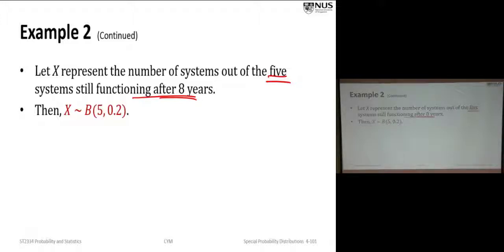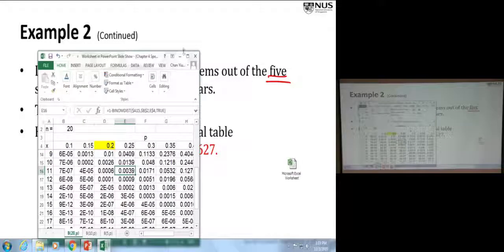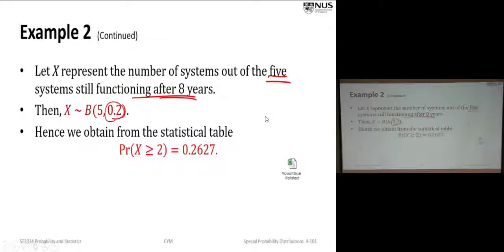A system either lasts more than 8 years or less than 8 years, so it's a failure or success. The probability of lasting more than 8 years is 0.2. We are asked to find the probability X greater or equal to 2, and the answer is 0.2827. So this is how you get the binomial distribution.